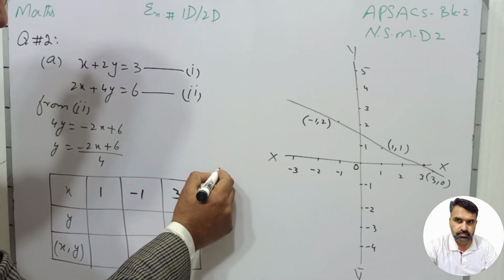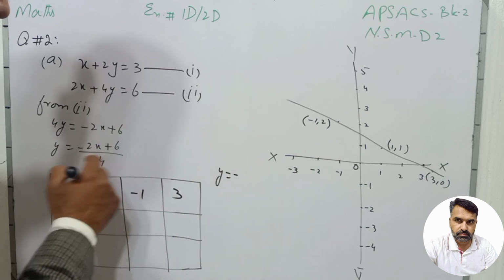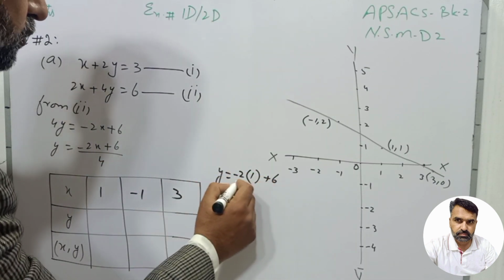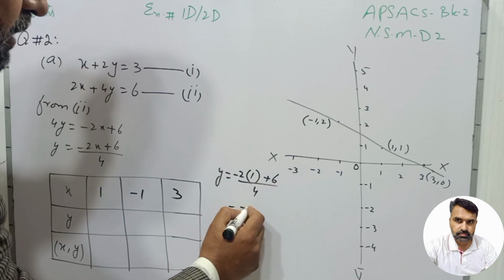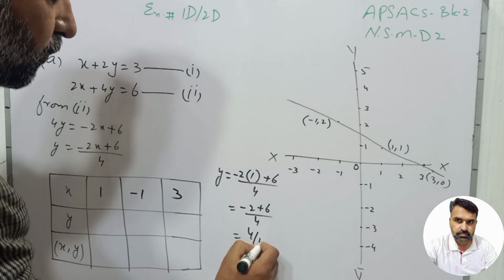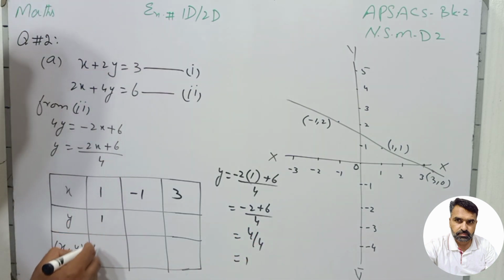So students, y is equal to (-2, and in place of x we will write 1) plus 6 over 4. 2 1s are 2, -2 plus 6 over 4, and we will have 4 over 4, which means 1. So the first ordered pair will be (1, 1).